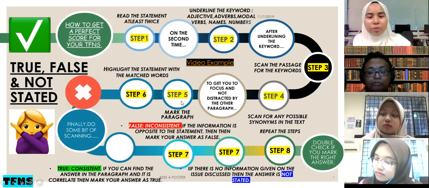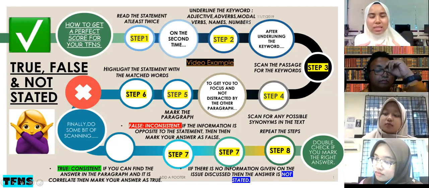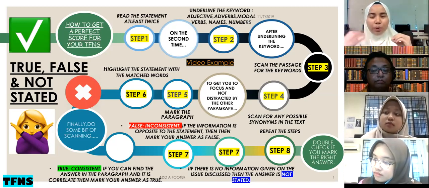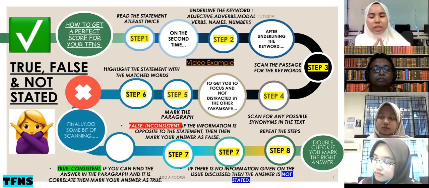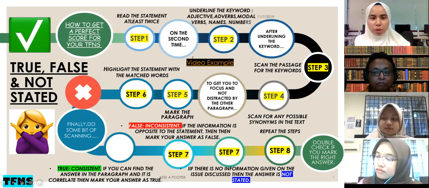So I am moving on to show you how you can answer the question. I'm going to demonstrate 3 questions which I got from the previous MUET question.